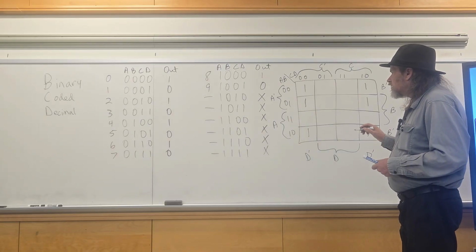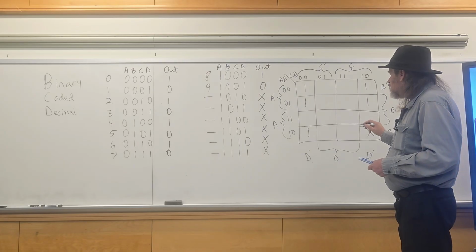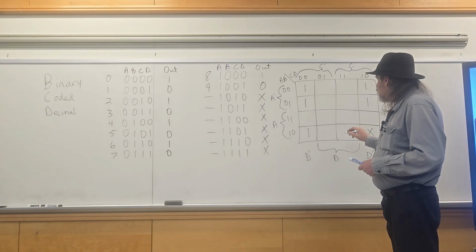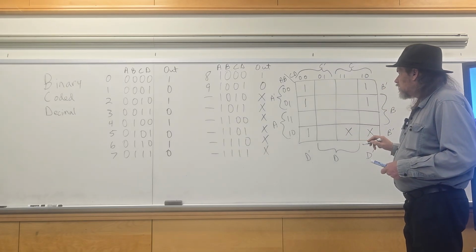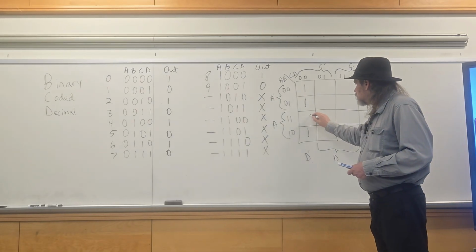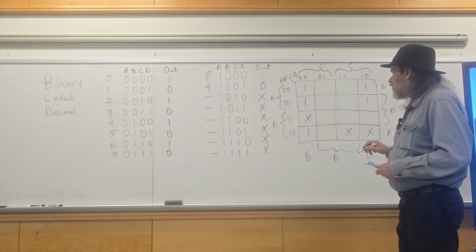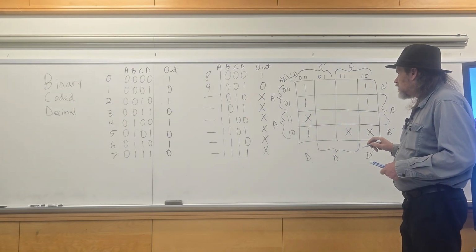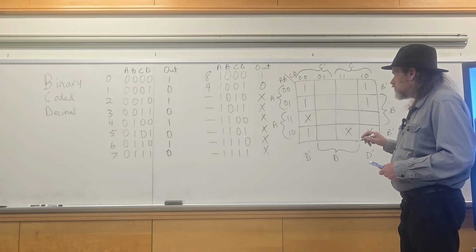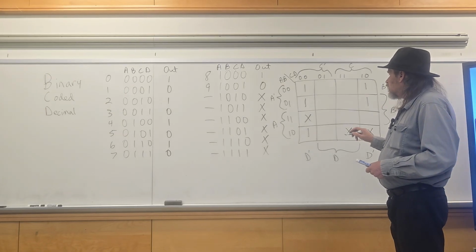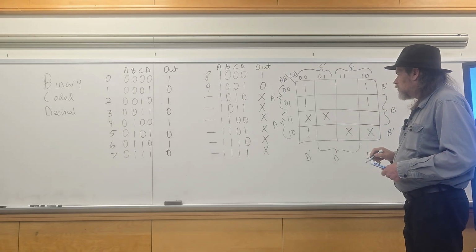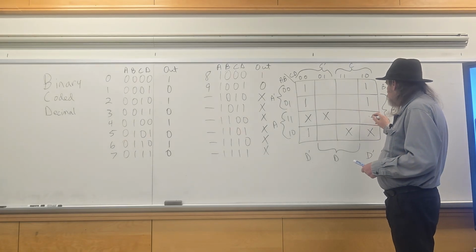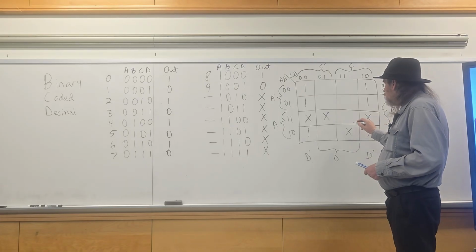We had this before, so I should have left them. 1, 0, 1, 1. 1, 1, 0, 0. And 1, 1, 0, 1. 1, 1, 1, 0. And 1, 1, 1, 1.